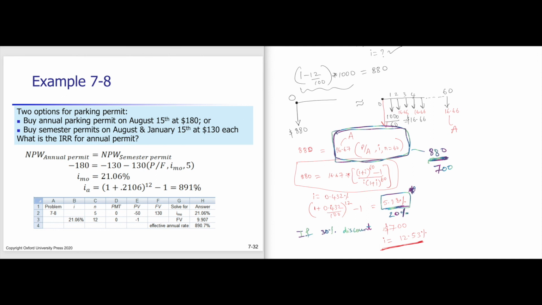That's the interest we are technically paying if we pay semester-wise. Obviously, even just by looking at the numbers, 130 times 2 means we're paying $260 for 1 year rather than $180. But because we are paying $130 after 5 months, things change slightly, but the solution is given here.